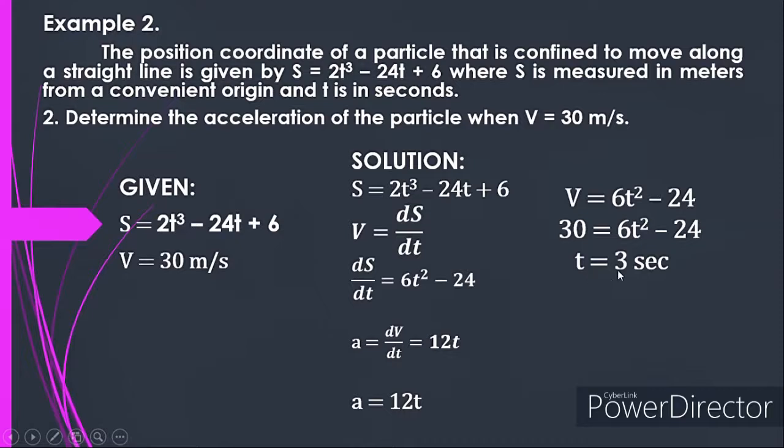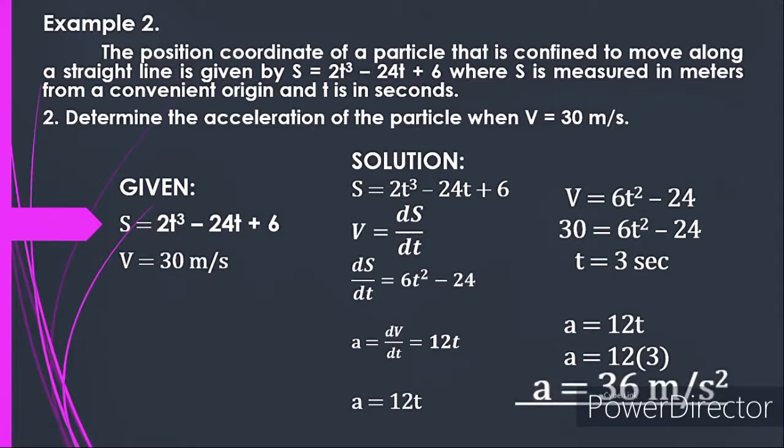T is equals to 3 seconds. Ayan, so meron tayong additional na given na 3 seconds. Since nakuha na natin si T, at may formula tayo na acceleration na 12t, direct substitute lang natin, class. A is equals to 12t. T ay 3 seconds. Therefore, 12 times 3, A is equals to 36 meters per square second.